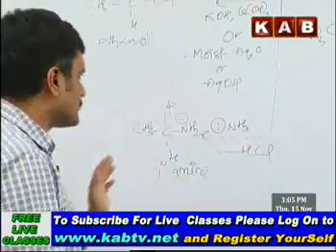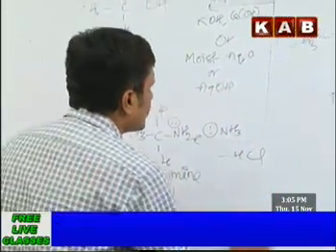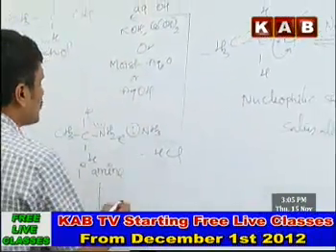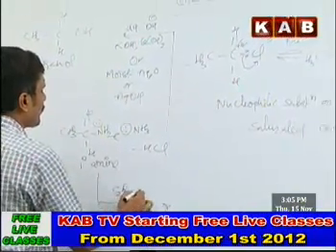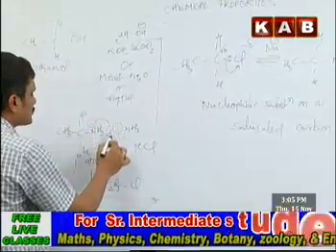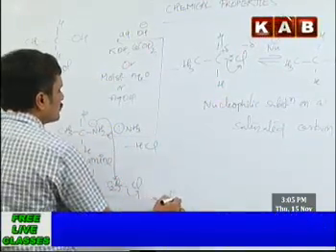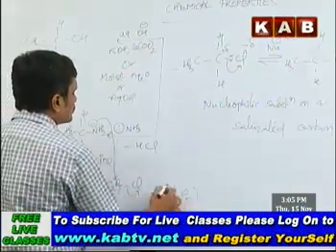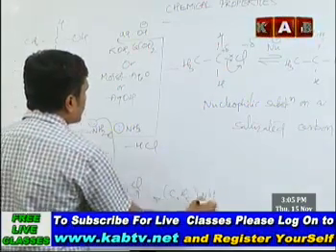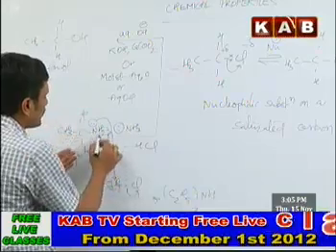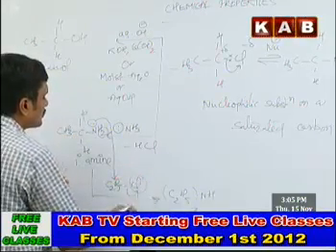Hence, if I anticipate this primary amine again to attack on ethyl chloride, as we can see, this nitrogen along with the lone pair of electrons is attacking on the carbon to give you diethyl amine. Again, the loss of H and chlorine took place.